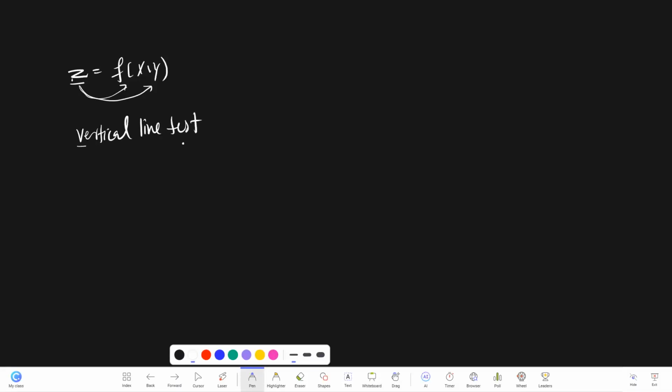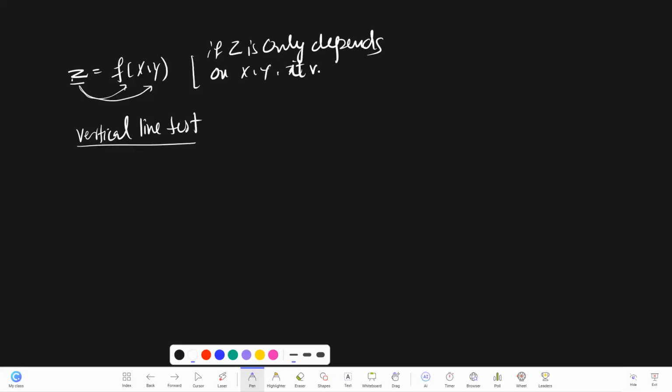And what does that mean? The vertical line test means that if z only depends on x and y, it means z has only one value for a respective pair of x and y.